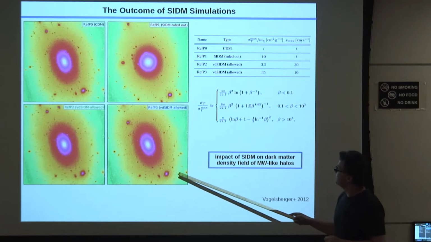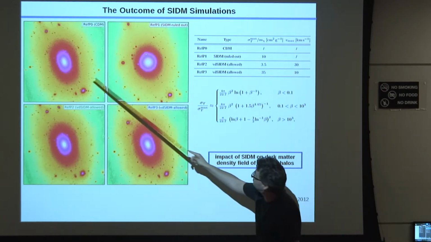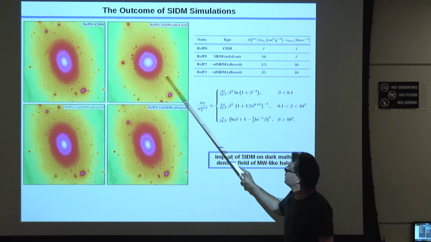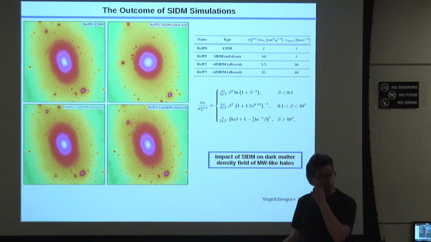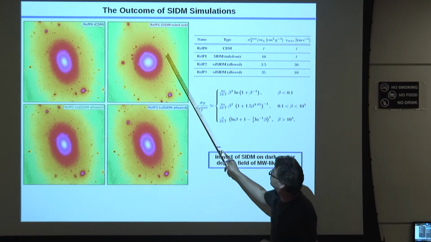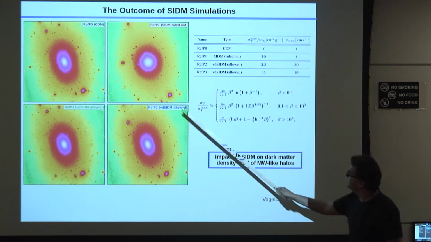This leads to scattering. And then you can see, for example, in this model, that the impact of SIDM compared to CDM is that you get a significantly rounder halo. I come to the reason for that in a few minutes. And you can also see, at least for that model, that you get a bit of suppression in substructure. It's not nearly as strong as in warm dark matter, but you get a bit of that.